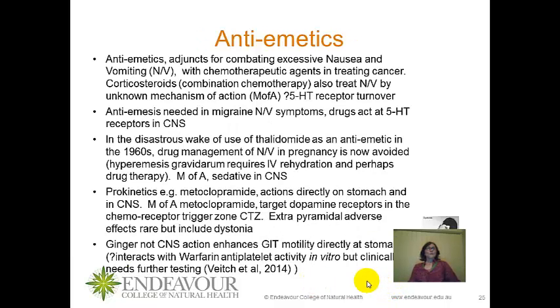Then to look at emetics and antiemetics. Emetics we'll look at later when we look at opioids, but here looking at substances that will help treat vomiting and nausea.